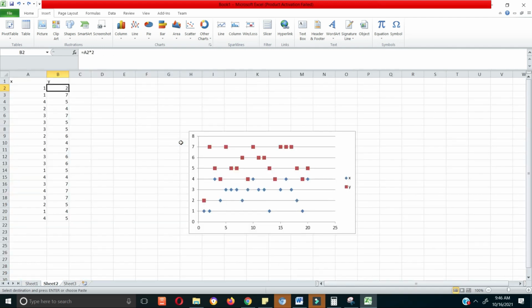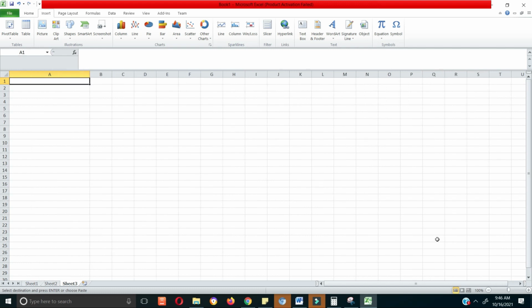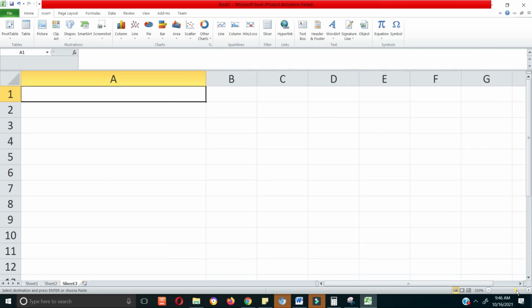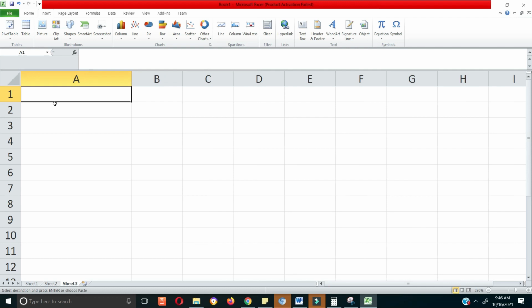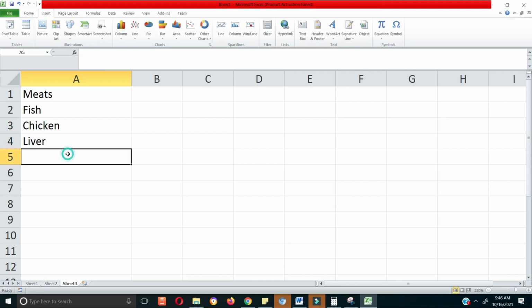For instance, if you go to the supermarket to buy meats, maybe you have different types of meat. So you have fish, you have chicken, you have liver, you have beef, then you have pork, right?